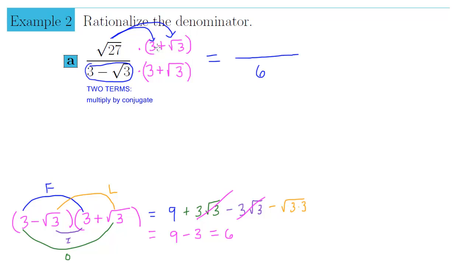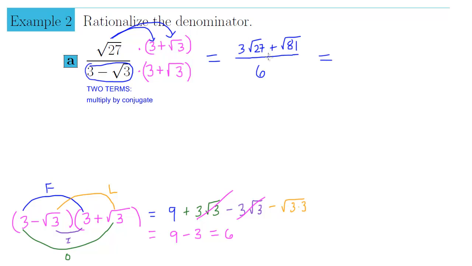So we distribute the root 27 to both terms, and we get 3 root 27 plus, if you do root 27 times root 3, you would multiply underneath the radical and get 27 times 3, so root 81.